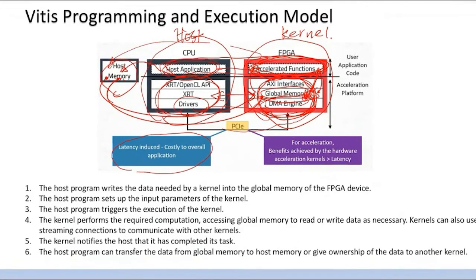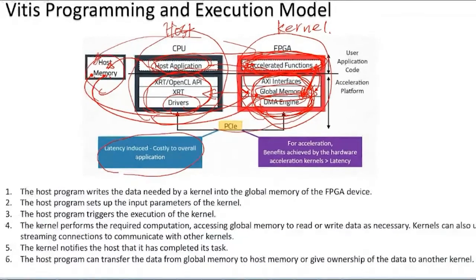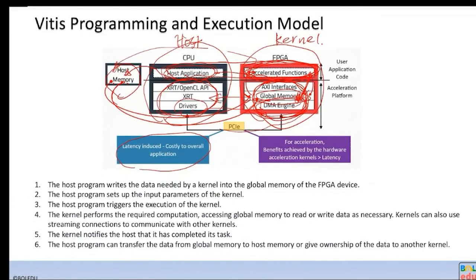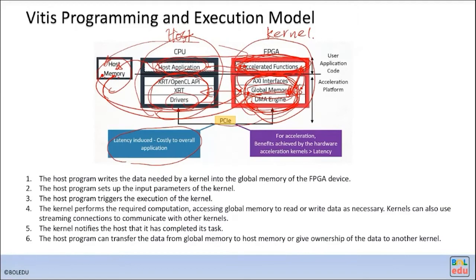So when you decide to adopt application acceleration, you have to judge whether the time saved by the accelerated kernel function can compensate for all the data movement latency introduced.